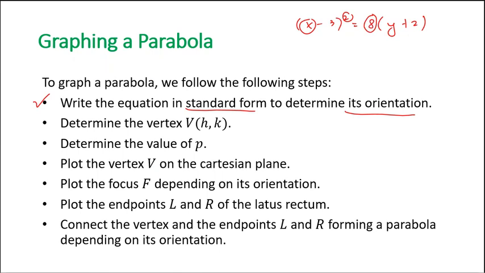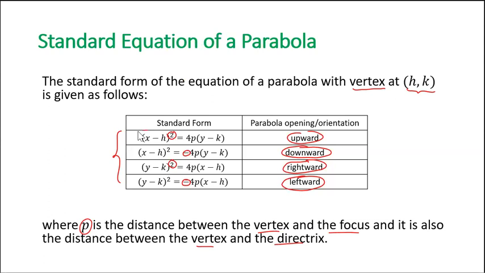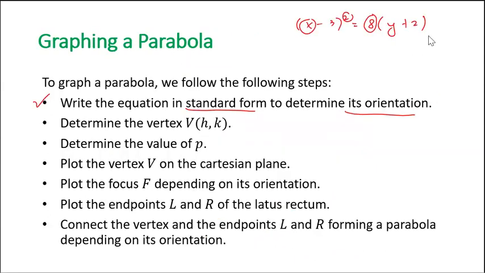So this means, if we go back to our equations earlier, that if the equation is written in the standard form, we can easily determine its orientation. So this example here is a parabola that opens upward.